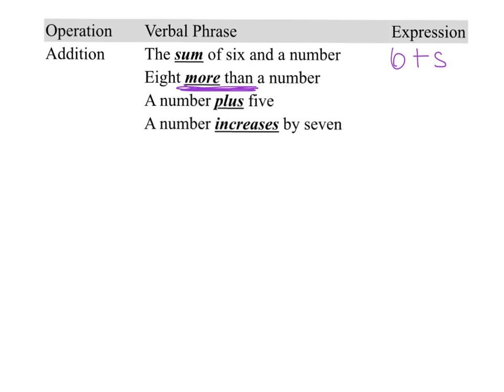Let me do it for you. 8 more, so the plus 8 goes at the end. And here's why: it's 8 more than something else. 8 more than this right here. What is this? We don't know. X. 8 more, so the 8 gets added to the end of it. I'm adding 8 to something. 8 more than the X that was in front.